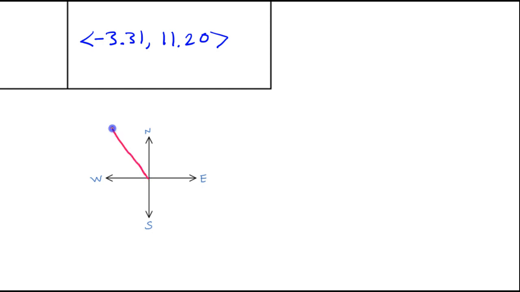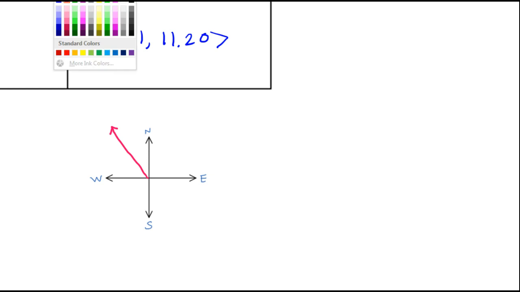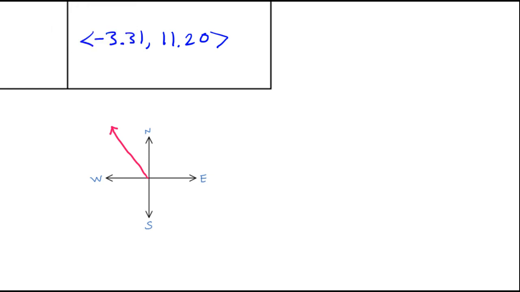So let's go ahead and draw a vector into the second quadrant. And then let us contemplate the vertical and horizontal components. So the horizontal component here is negative 3.31. The vertical component is the 11.20. This puts us into a position where we can find the reference angle R.